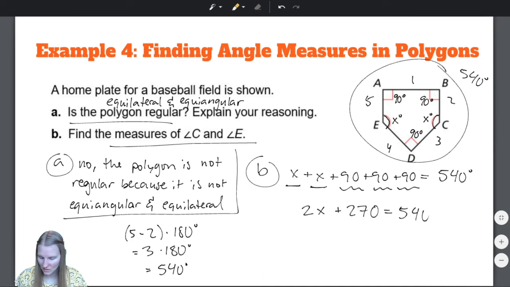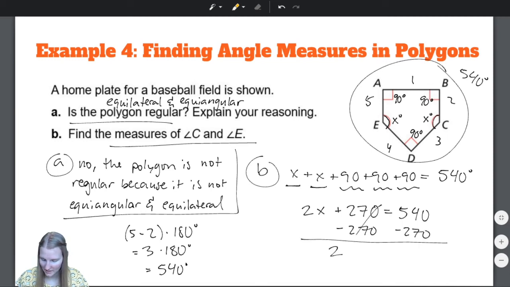And that is equal to 540 degrees. Now I'm going to continue solving this equation. I need to subtract 270 from both sides. And I get that 2x is equal to 270.